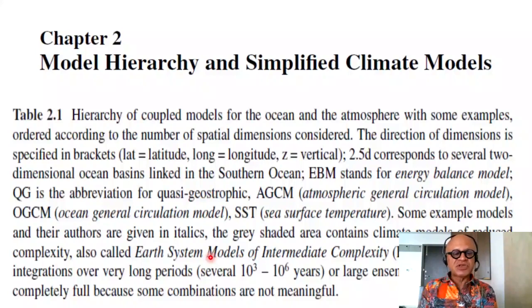This just permits integrations over very long periods because of the simplifications into intermediate complexity, and you can make a large number of simulations, what are called ensembles. Ensembles are best thought of as potential realizations that could have happened.